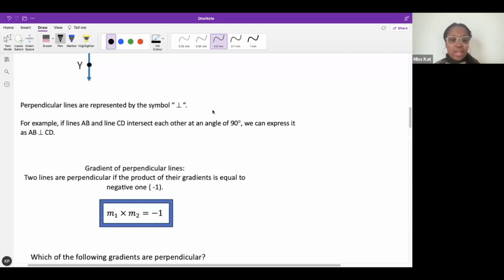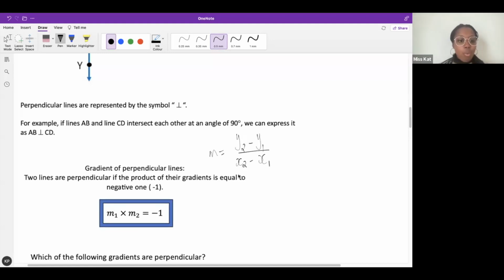So we've been saying M is equal to change in Y, which means the Y of coordinate 2 minus the Y of coordinate 1, divided by the X of coordinate 2 minus the X of coordinate 1.